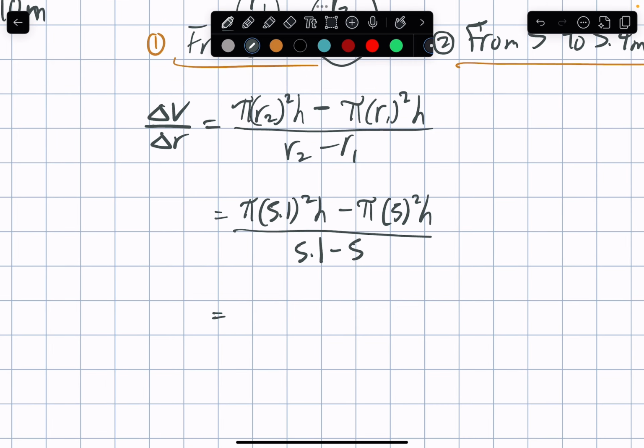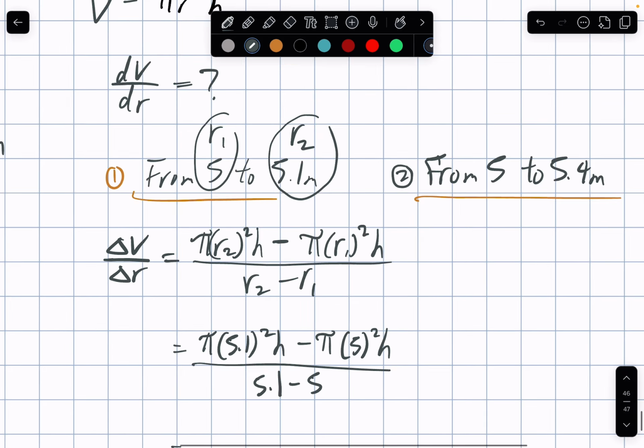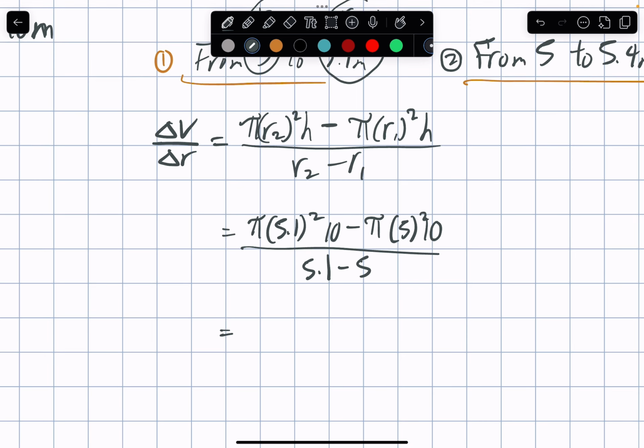So I believe we can factor something here. By the way, let's substitute height also, 10. So we can factor 10 pi. So what we have left is 5.1 squared minus 5 squared.